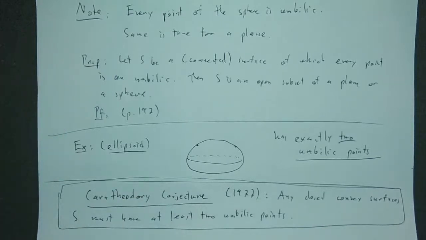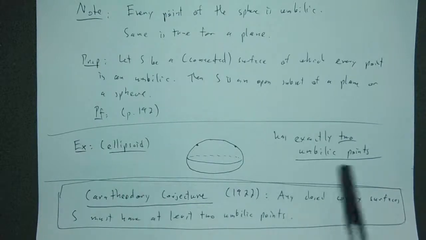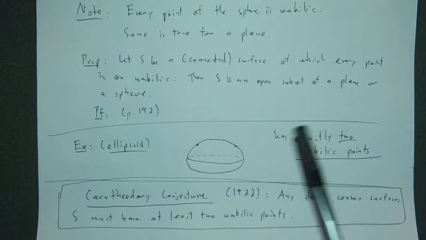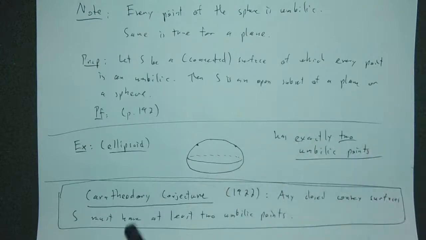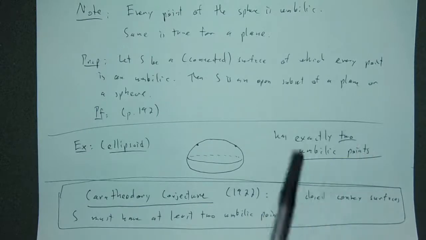As I've said, it has been shown since that any closed convex surface has to have at least one. We have an example of the ellipsoid that has exactly two. And so in some sense, the Carathéodory conjecture is saying that the ellipsoid is the minimum number of umbilic points you can have. It's kind of the min case, whereas the sphere is the maximum. Okay, every point's an umbilic.